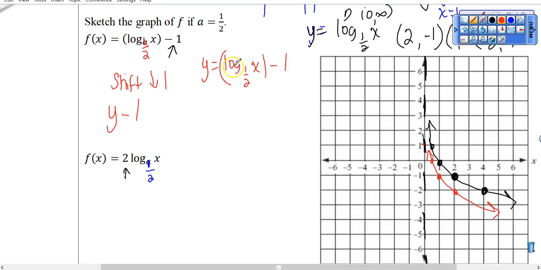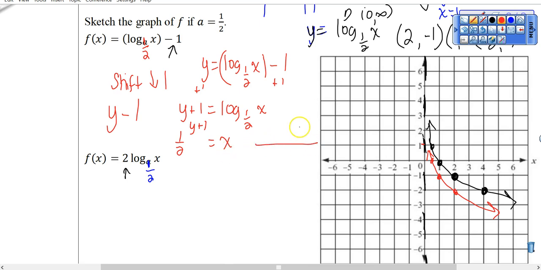Yes or no? Is it isolated on the right side of the equation all by itself? No, so we have to move the 1. So y plus 1 equals log base half of x. And now I can solve for x. I can convert: half to the y plus 1 equals x.